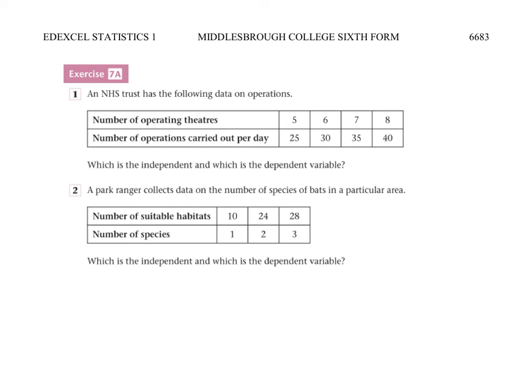So if we look at the first one, I would say that that's the independent variable, because the number of operations does depend on how many operating theatres that you've got. So Y would be the dependent.